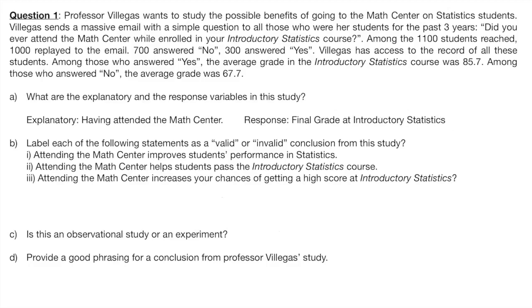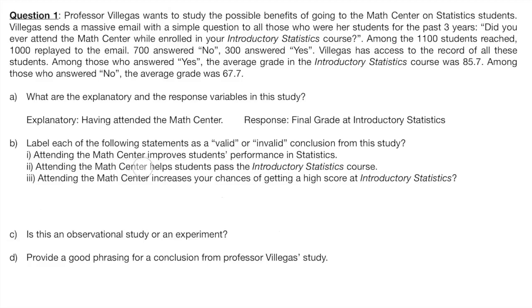Label each of the following statements as a valid or invalid conclusion from this study. First, attending the math center improves a student's performance in statistics. This might sound reasonable because those who attended the math center did much better. Let's take a look at the next.